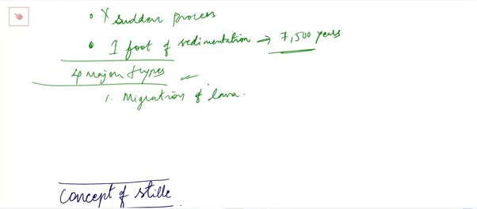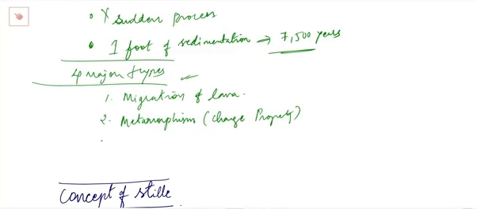Due to lava migration, there is a formation of a geosyncline. The next one is metamorphism, which is nothing but a change in rock property. Rock changes its property. This is what metamorphism is.